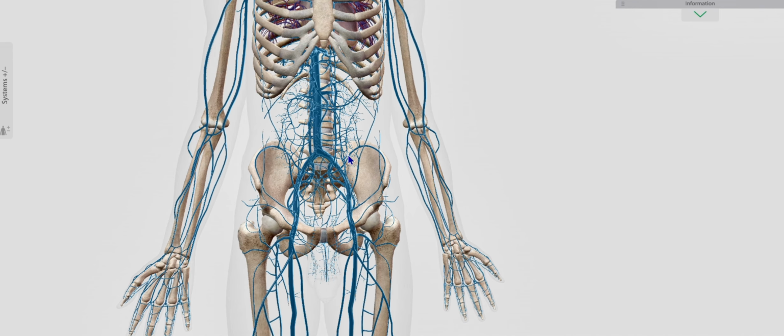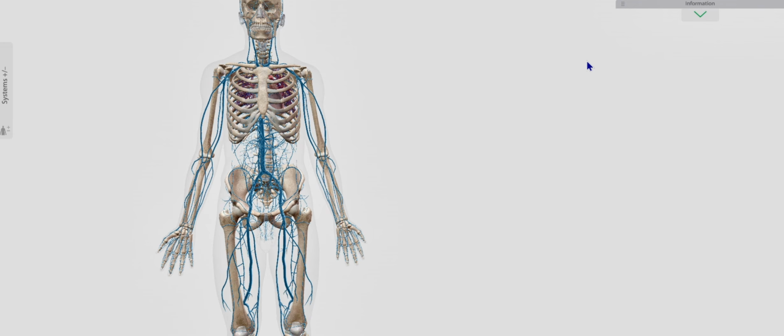You can bleed out into your abdominal cavity, and you can also bleed out into the cavities that your femurs or this large bone sits in. So any injury to any vein or artery in these areas can be life-threatening in terms of the amount of blood that you can lose. We call that hypovolemia.